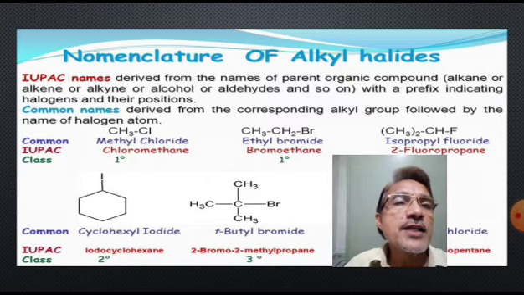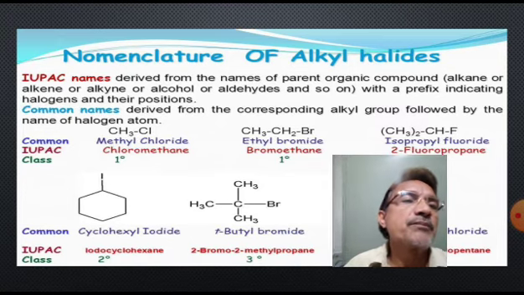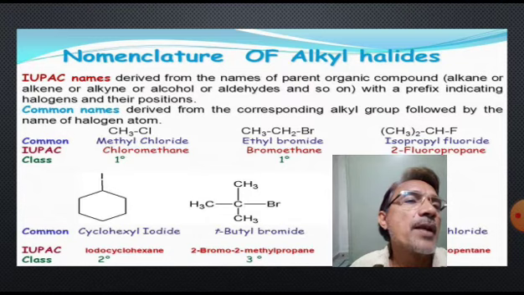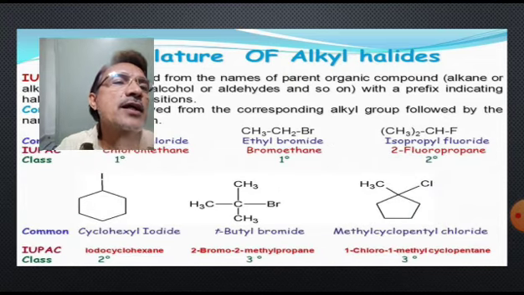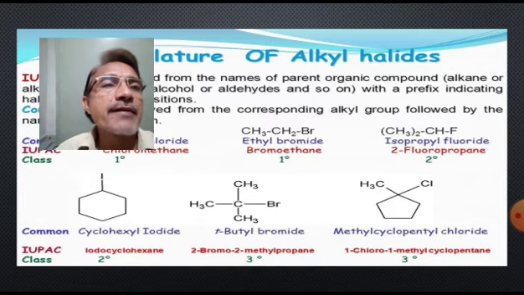Its IUPAC name is bromoethane. It also belongs to primary alkyl halide. Third example, isopropyl fluoride. Its IUPAC name is 2-fluoropropane and it belongs to secondary alkyl halide.